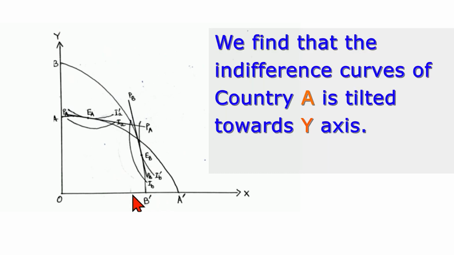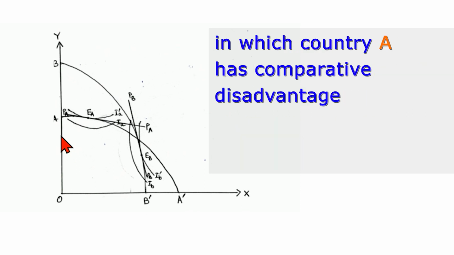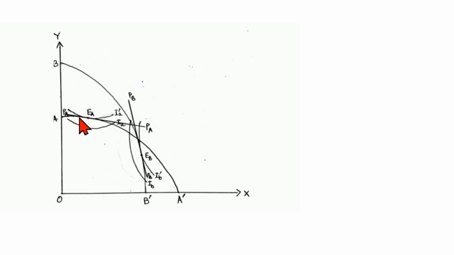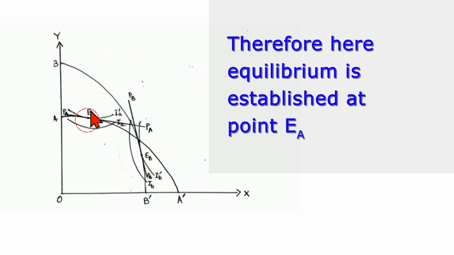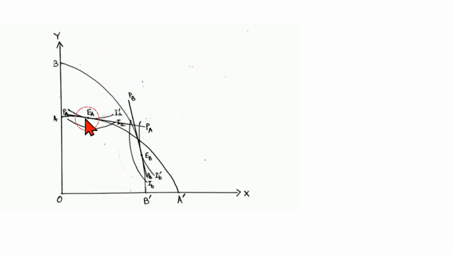We find that the indifference curves of country A are tilted towards the y-axis. That means the residents of country A prefer to consume more of commodity Y, in which country A has comparative disadvantage. Therefore, equilibrium is established at point EA, where the highest possible indifference curve is tangent with the PPF. At this point, the price line is flatter.